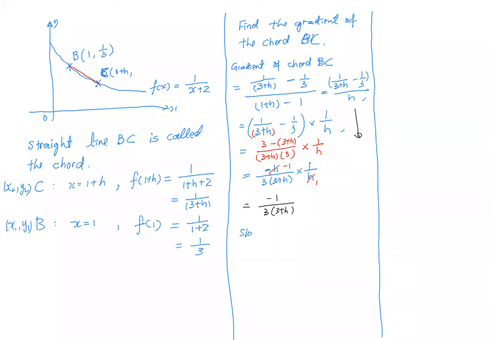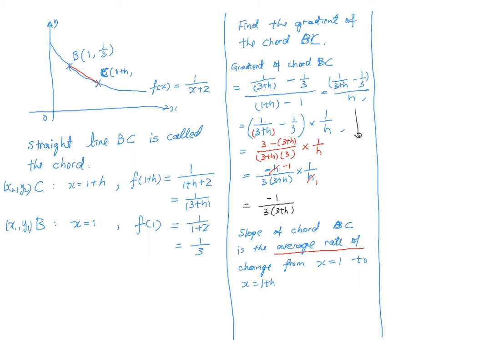So slope of chord BC is the average rate of change from x equal to 1 to x equal to 1 plus h.